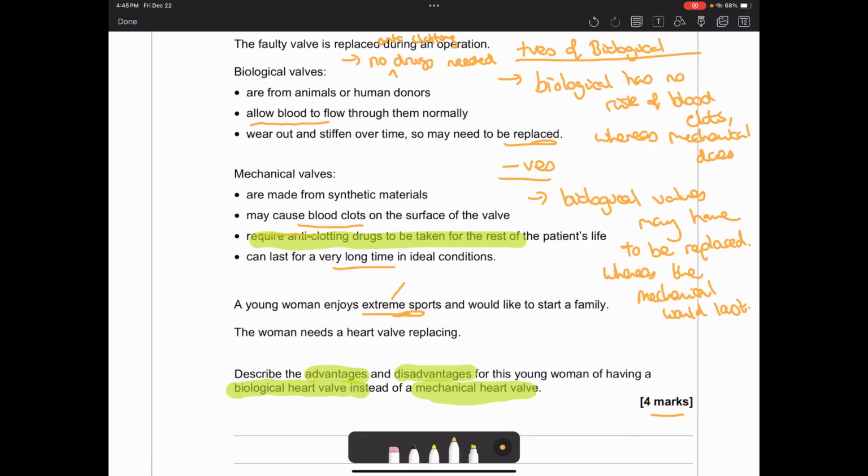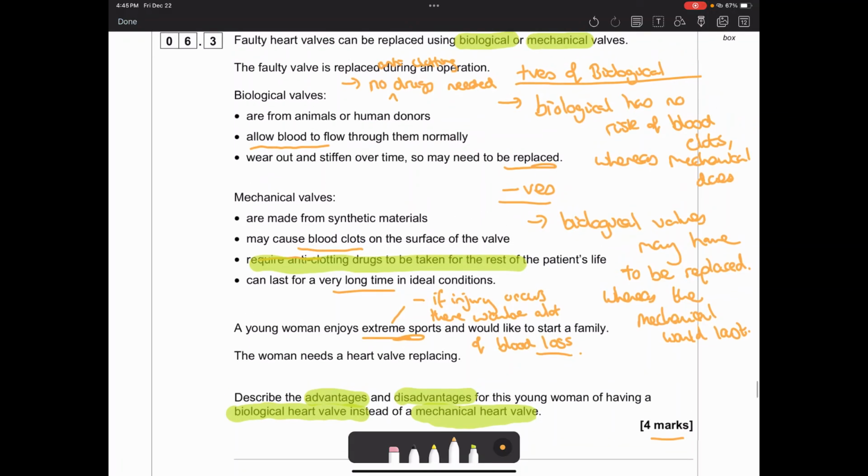Okay, so I would be saying a disadvantage of mechanical, and therefore an advantage of biological, is that if injury occurs and you're on anti-clotting drugs, there would be a lot of blood loss, which could make it more dangerous.